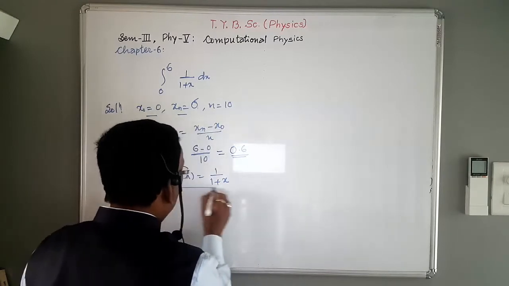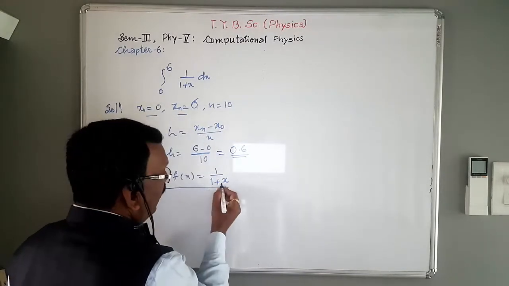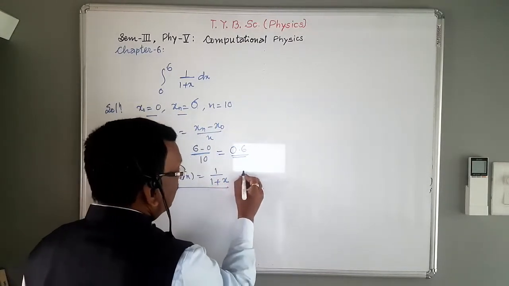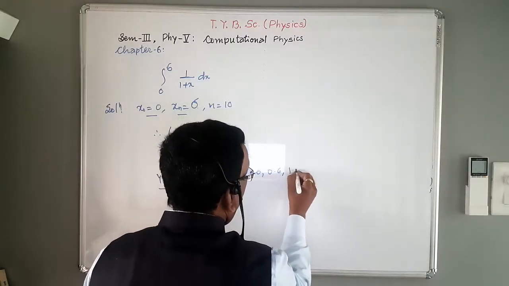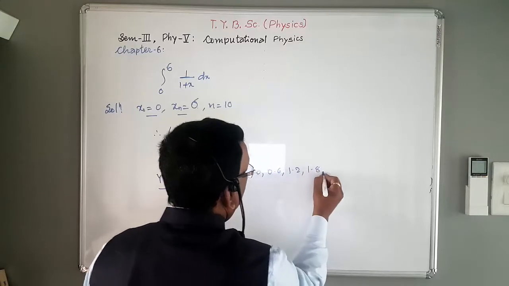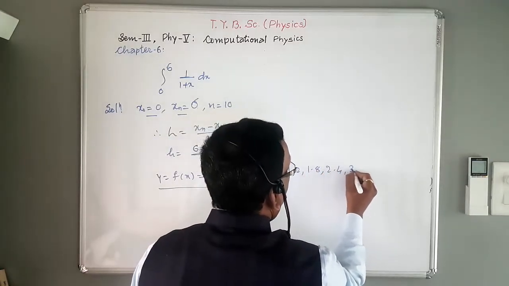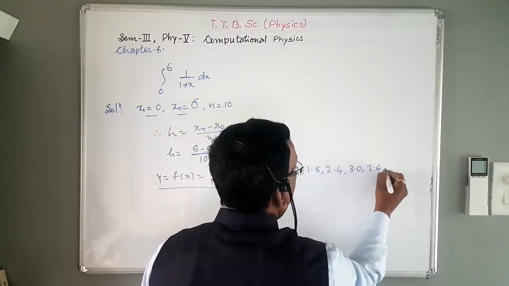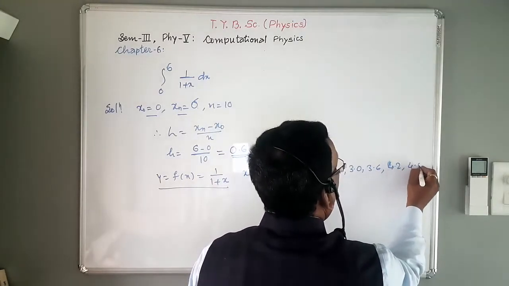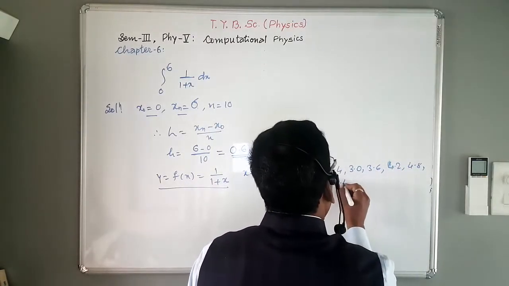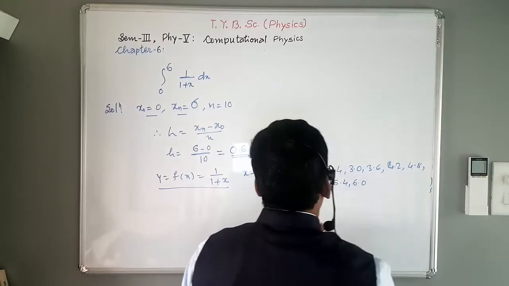We have to find the values of this function y for different values of x, that is, the value of x is 0, 0.6, 1.2, 1.8, 2.4, 3.0, 3.6, 4.2, 4.8, 5.4 and 6.0.